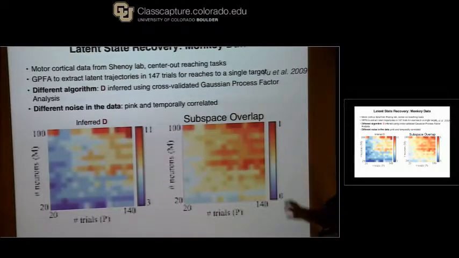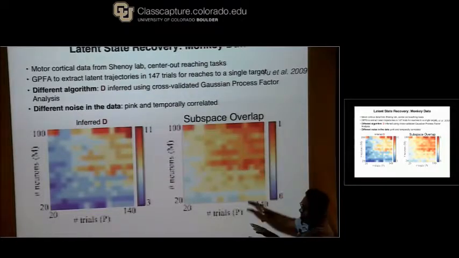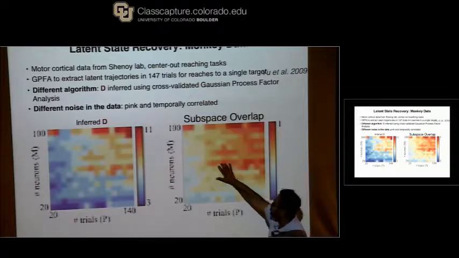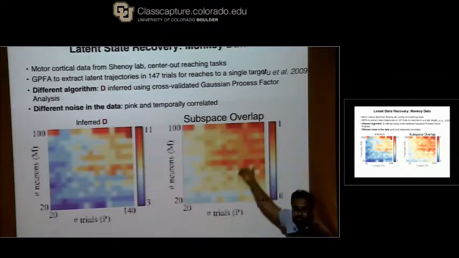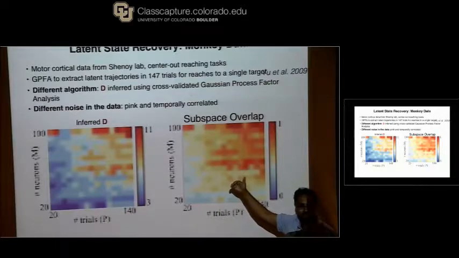Oh, yeah, sorry. So 1 is good, right? So red is good, blue is bad. Why is red good? This measures the average canonical angles between the subspace that you get if you use less data and the subspace that you get if you have all the data available to you, right?